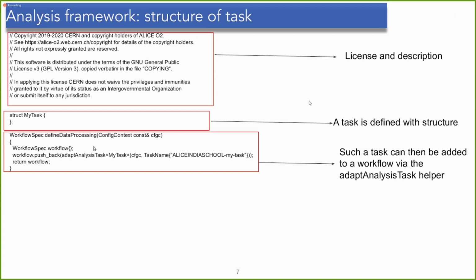This structure task can be added to any kind of workflow via this adaptAnalysisTask helper, which is shown here. What you need to do is put the name of your task, which is basically my task, for example, here, and you need to give a name to your task.